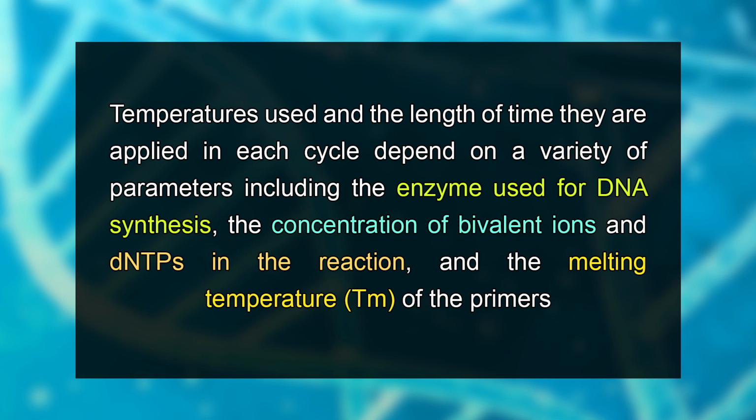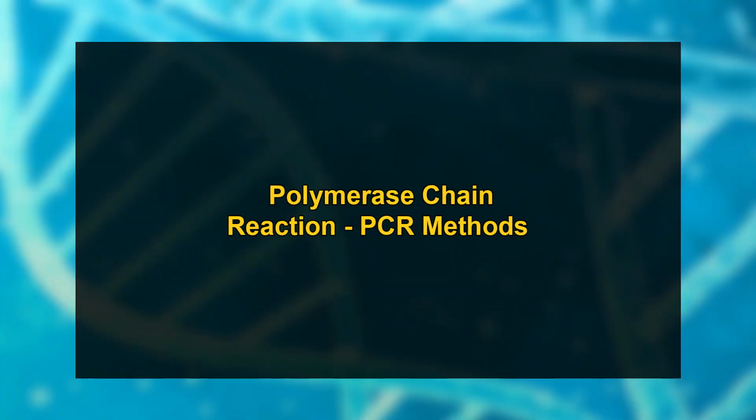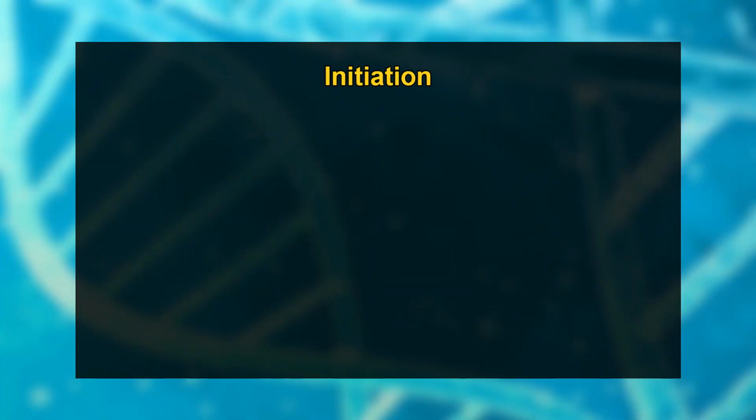The temperatures used and the length of time they are applied in each cycle depend on a variety of parameters, including the enzyme used for DNA synthesis, the concentration of bivalent ions and dNTPs in the reaction, and the melting temperature of the primers. The individual steps common to most PCR methods are: first is the initiation.